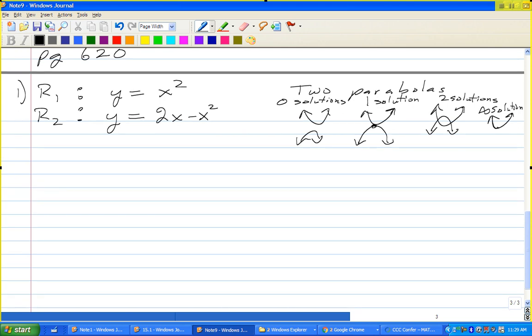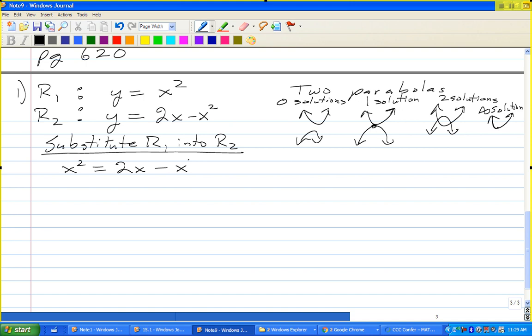So I'll substitute R1 into R2. And so x squared is equal to 2x minus x squared.